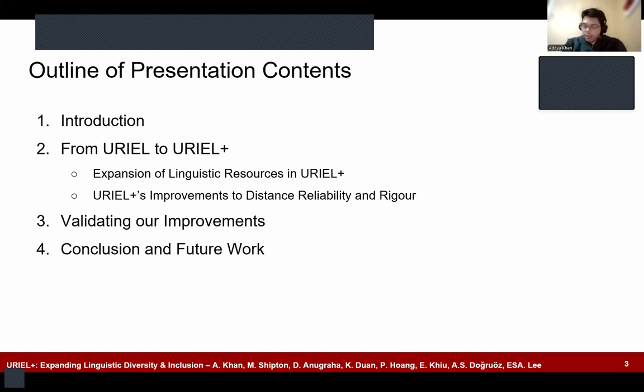In particular, we talk about how we add more information from different databases into URIEL Plus, and how using that data, we make improvements to the distance calculations you can do on that data, and in particular, its reliability and rigor. Following that, we validate each of our improvements to show that they are indeed improvements, and then we conclude and talk briefly about the future work that we intend to do.